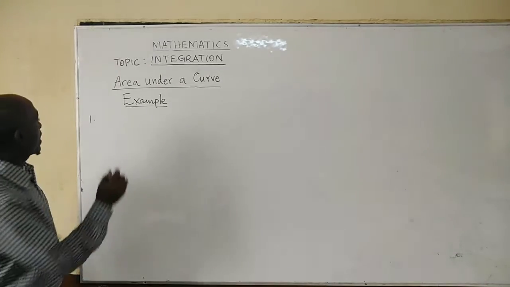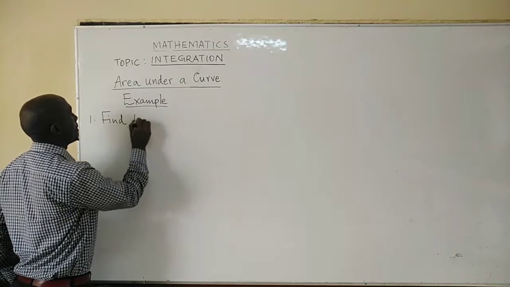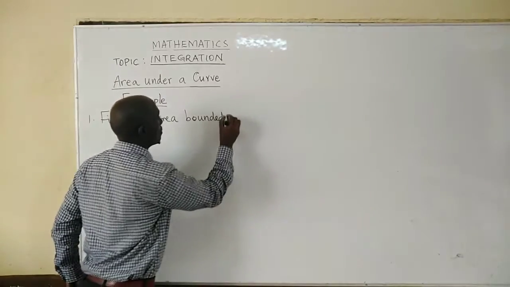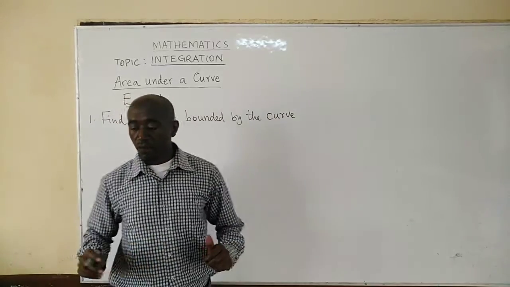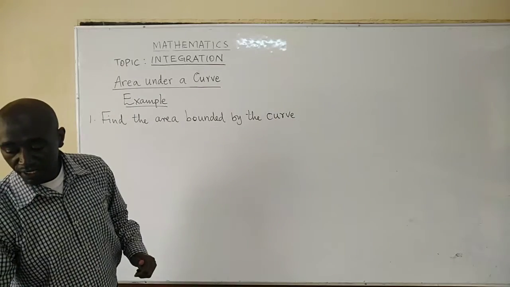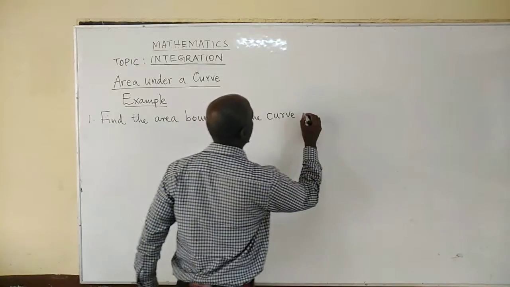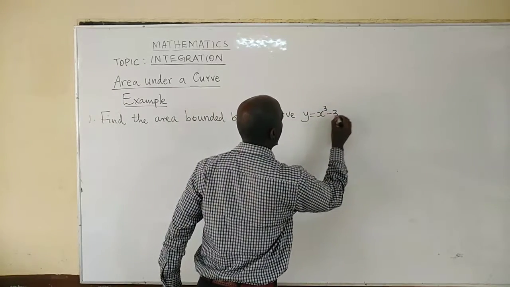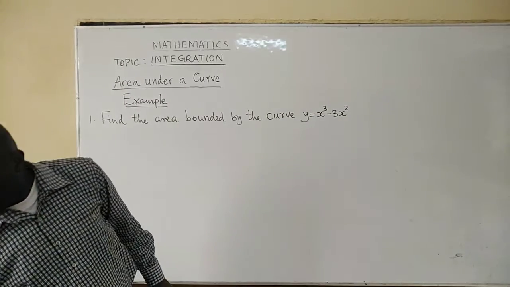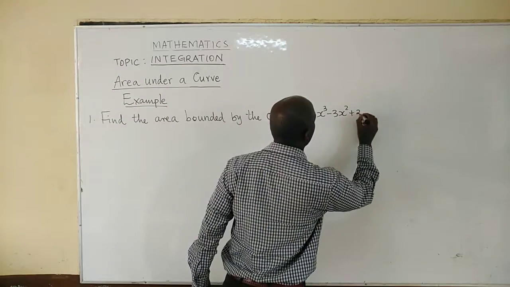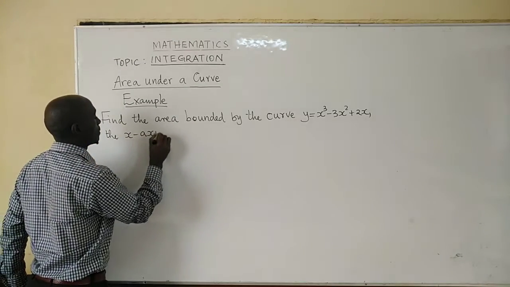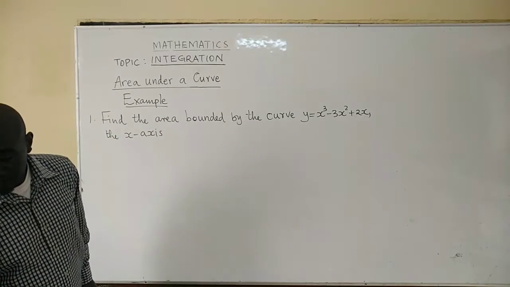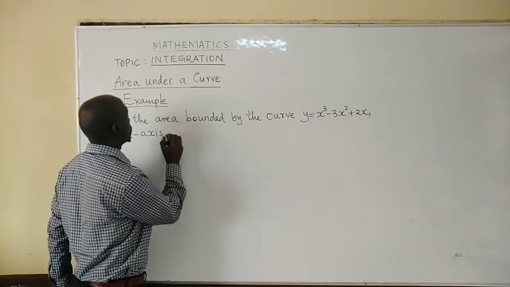Find the area bounded by the curve y is equal to x cubed minus 3x squared plus 2x, the x-axis, the lines x is equal to 1 and x is equal to 2.